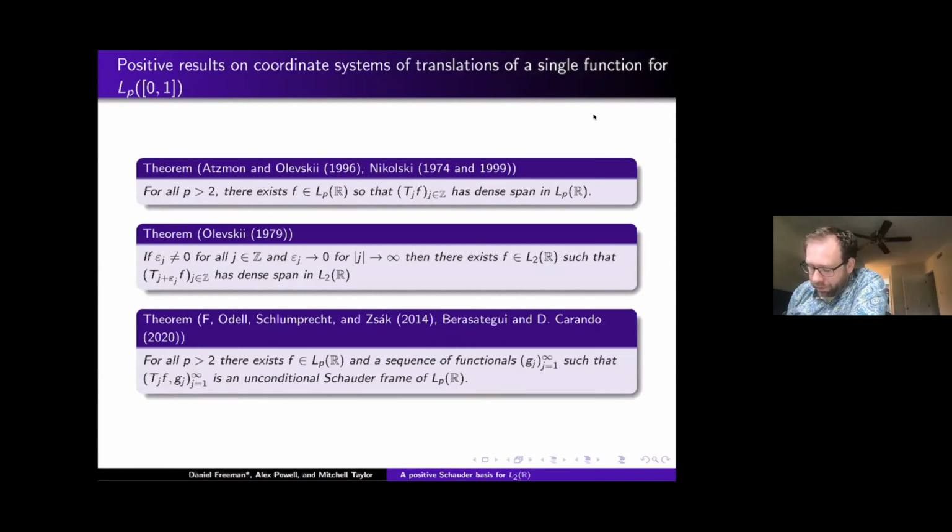And we proved that if p is bigger than 2, then there is a function and a sequence of functionals such that its translates by natural numbers is an unconditional Schauder frame for capital LP. So this is one of the key differences from positive functions, because we know that you can never get any kind of unconditional structure for positive functions, but for p bigger than 2, you actually can get an unconditional Schauder frame.